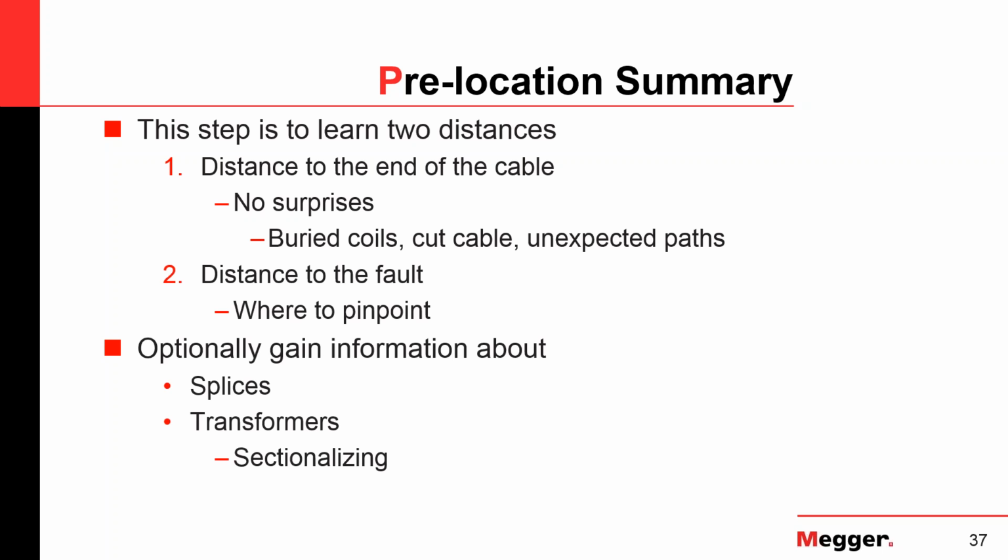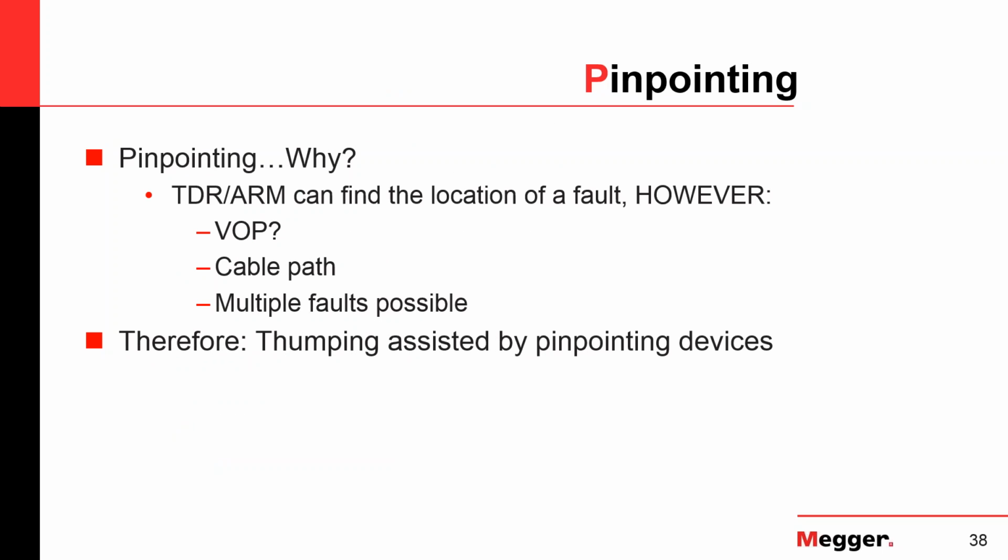And you can also gain additional information, which could be a webinar by itself, to identify splices and transformers. So you can use the arc reflection method. It's a very powerful tool for sectionalizing, actually, because you get the distance to the fault and it puts you between two transformers, and then you know which segment of your cable to isolate, to sectionalize.